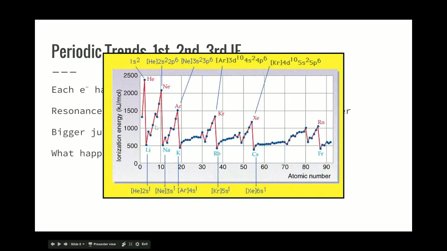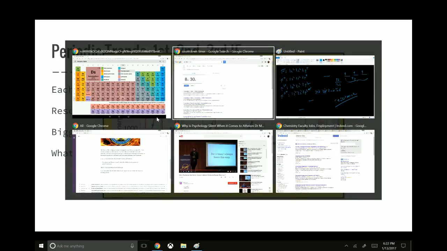Then you go up to carbon and nitrogen, and each of those is an increasing effective nuclear charge. But then there's oxygen, all by itself, with a slight decrease. That's because if you draw out oxygen's electron configuration, it's 2s2, 2p4.